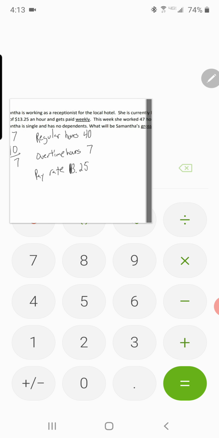So I want to figure that out first. I'm going to take her pay rate, 13.25, and for the most part, you get 1.5 times your pay rate. So just take times 1.5. So she will get $19.88 for her overtime hours.